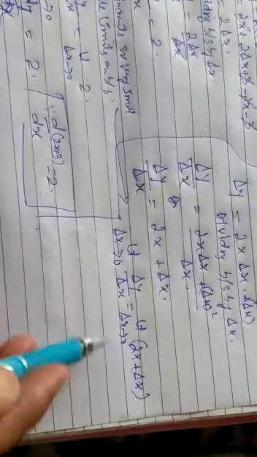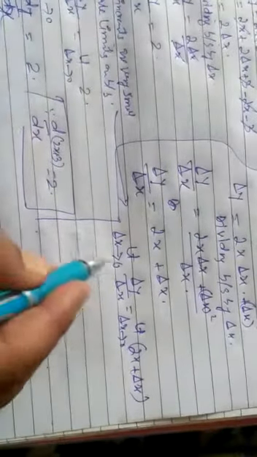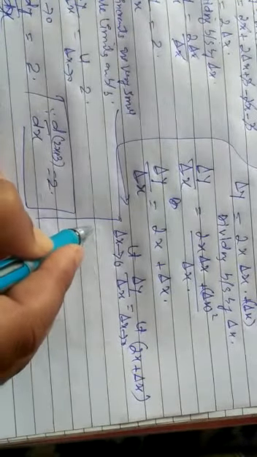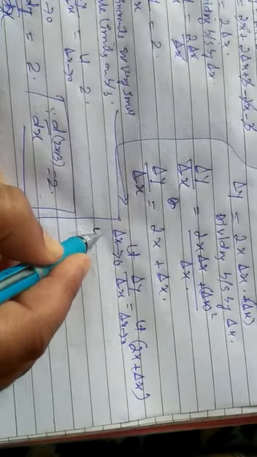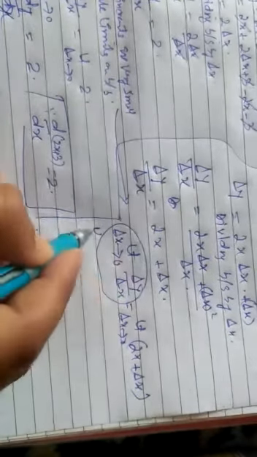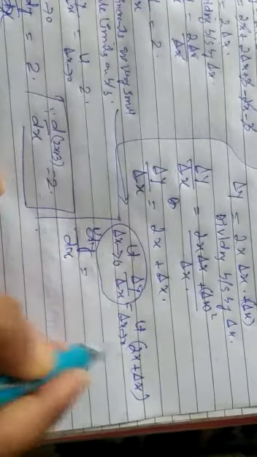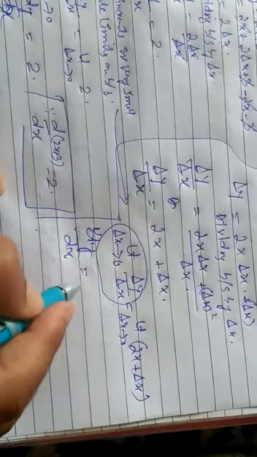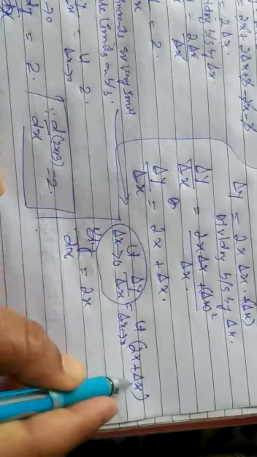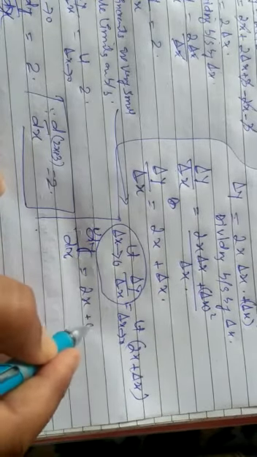Now as the limit here is on a sum, simply put dy by dx equals 2x, and wherever there is delta x, just place 0. That is simply 2x.